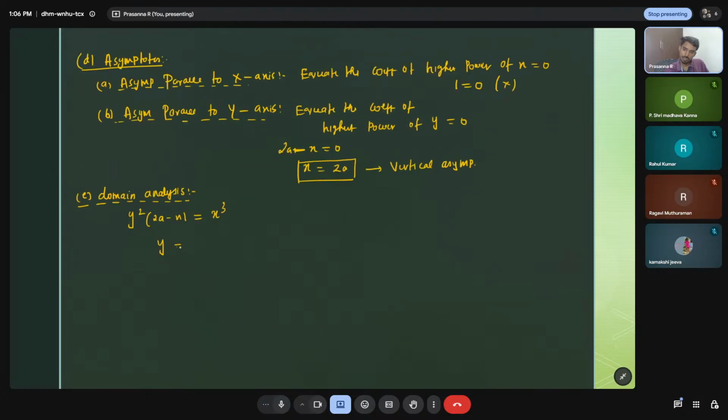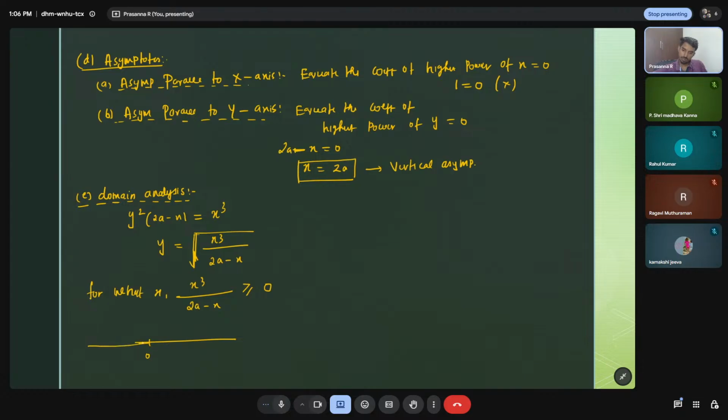That means y is equal to root of x cube by 2a minus x, and this is defined when the whole thing is greater than or equal to 0. That is for what x, so for what x cube divided by 2a minus x is greater than or equal to 0, we need to check.